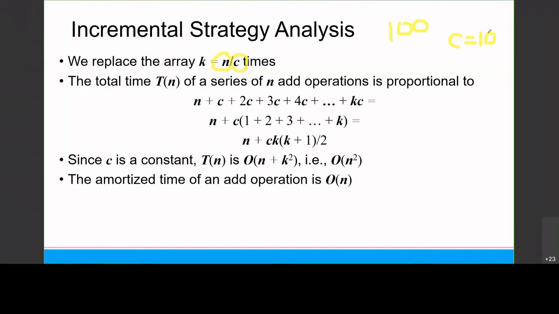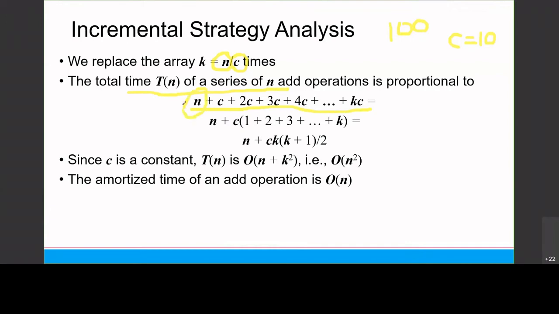So if I have 100 more data, add 10 at this moment, and then add another 10, and then another 10, and then another 10. So it will be a kind of series. The total time T(n) of a series of n operations will be proportional like this.